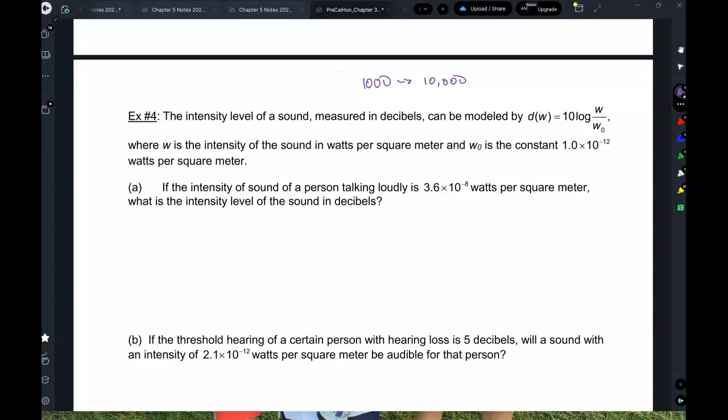Another thing that can be modeled using logarithms is the intensity level of a sound. Like, when you say this is this many decibels, you know how your iPhone gives you a warning now if you have your earbuds in, saying you've been listening at too high of a volume? No? Yeah, you've reached your weekly limit. I'm usually playing in my car, and so it thinks I have earbuds.